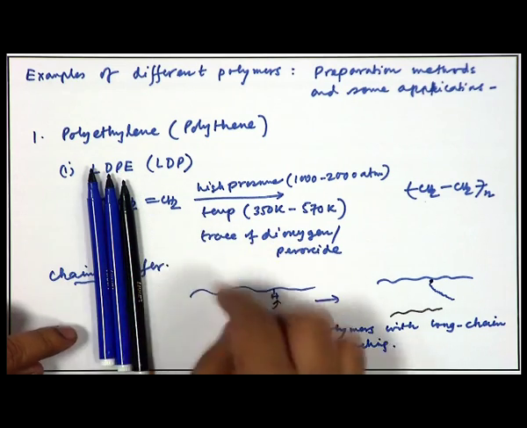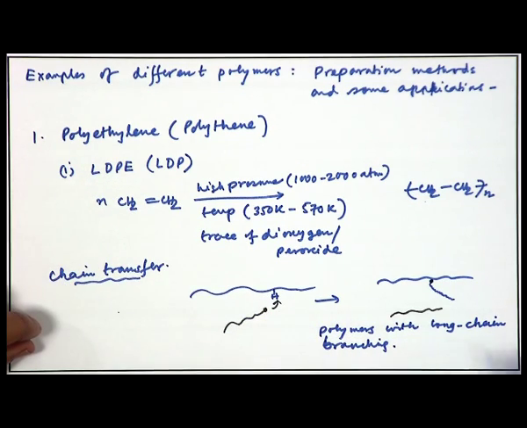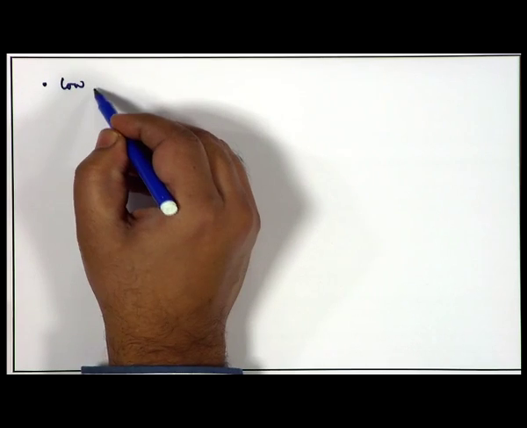Even in flexible chains, when you have long branches, the packing becomes even more difficult. As a result, you get low density. I will write in the next page. Because the packing is low, you will get low density.